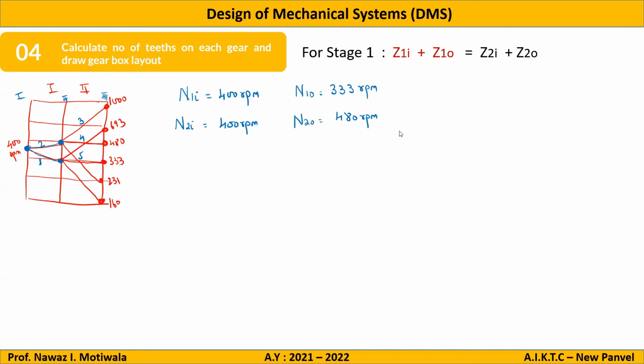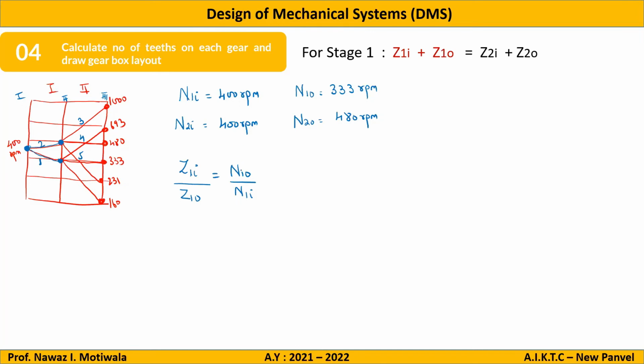हाँ, ठीक है. So as he said, I will write the same equation here: Z1I divided by Z1O will be equal to N1O upon N1I. Can I write this? Because there is an inverse relation. So T2 by T1 की जगह पे देखो मैं क्या लिखा, Z input upon Z output is equal to N output upon N input because they have inverse relation with each other.